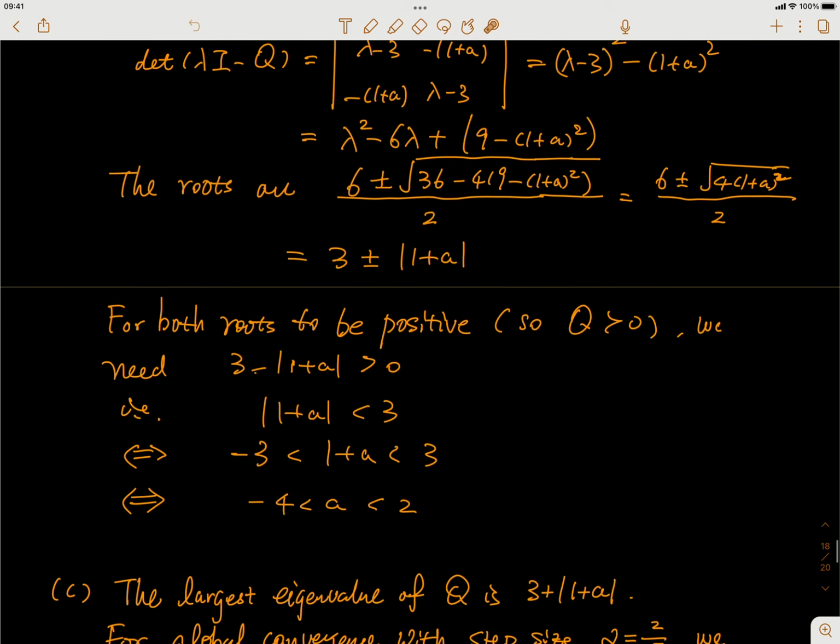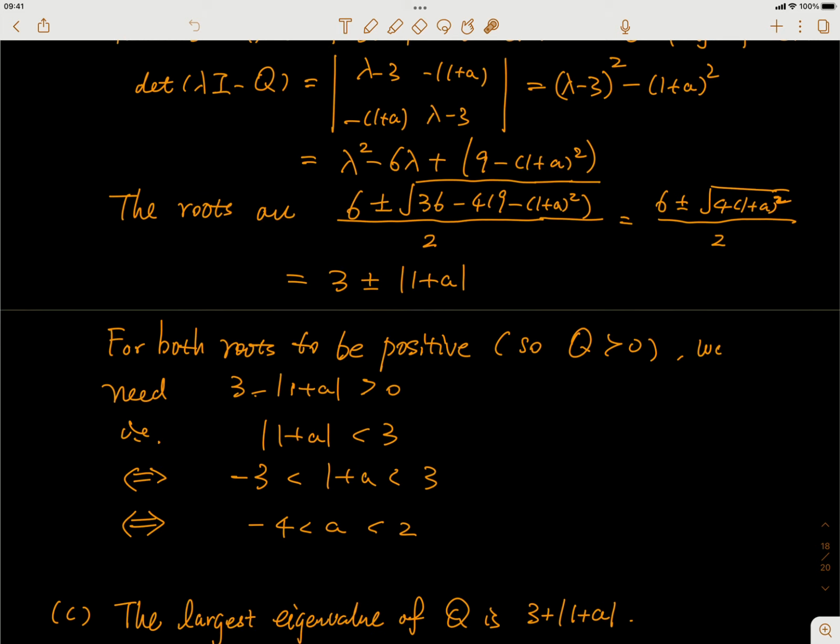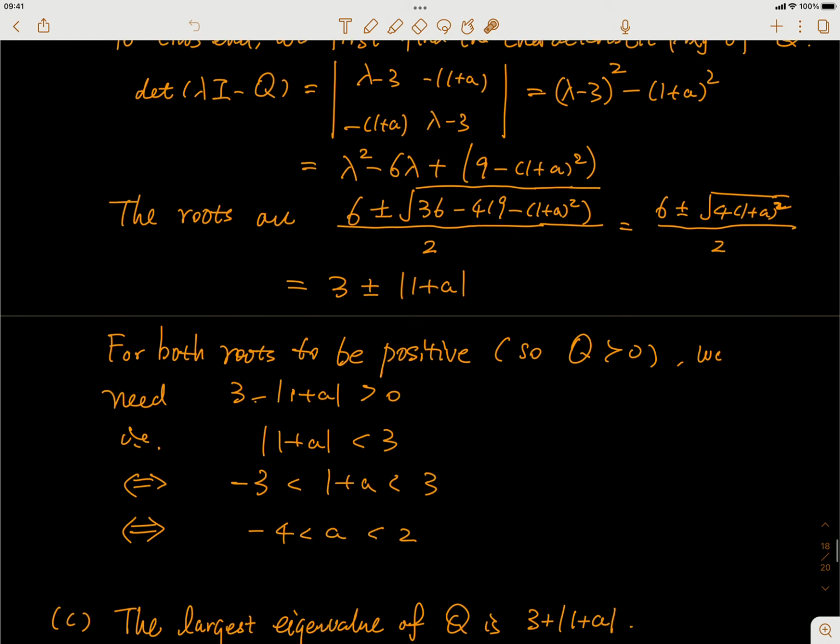So now you can see apparently 3 minus the absolute value is the smaller one between the two, right? So we just need this one to be strictly positive. So 3 minus the absolute value of 1 plus a is greater than 0, and then you just solve for this, and you easily get that a is between -4 and 2.